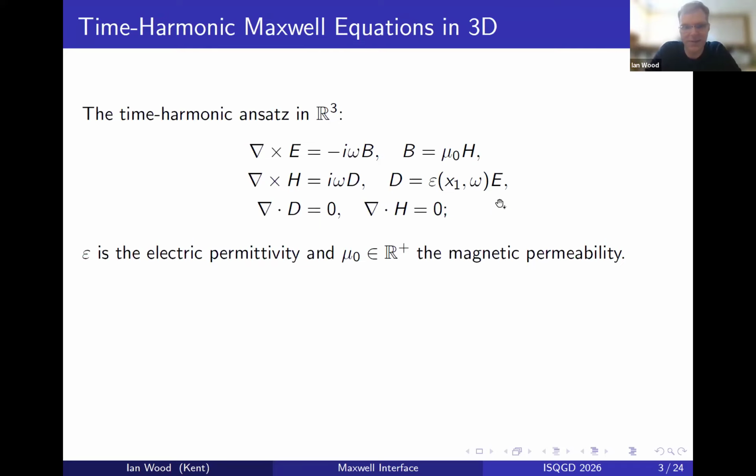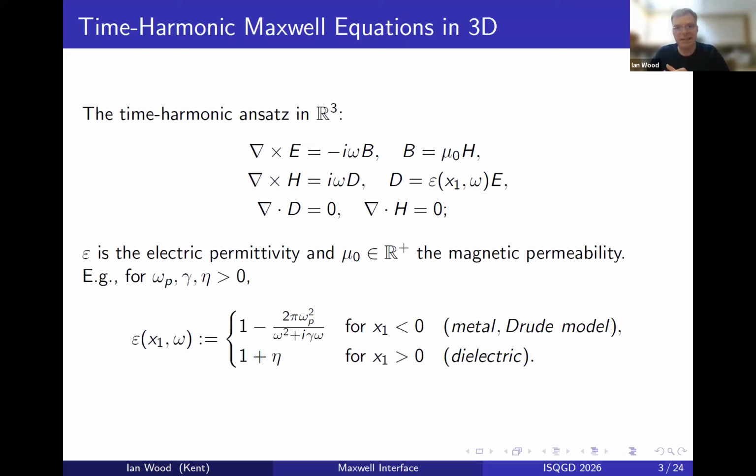But what we are going to allow is the electric permittivity, this epsilon here, to be frequency dependent. It's also going to be allowed to depend on the spatial variable, but only on one spatial dimension, so it only depends on the x1 direction. Right, and then we've got these divergence conditions in Maxwell's equations.